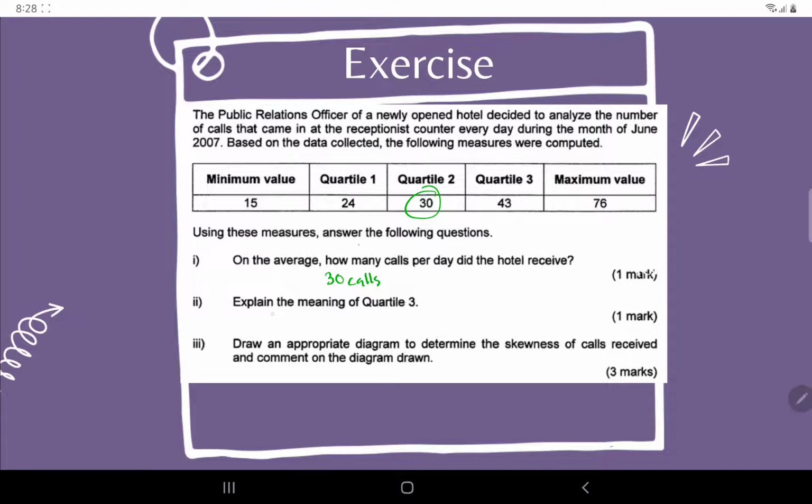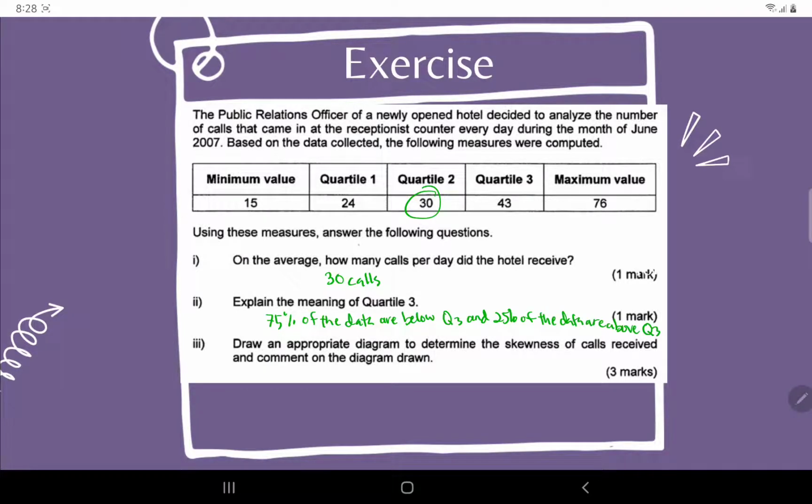We can say that 75% of the data are below Q3 and 25% of the data are above Q3. So that's the meaning of Q3.